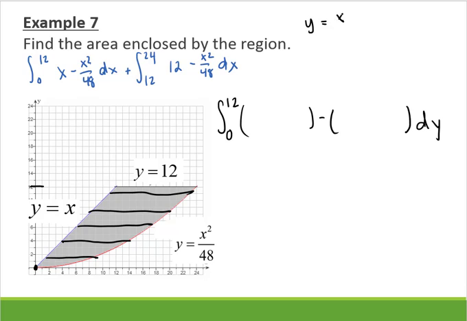I have this function in red just so that you guys realize what I'm doing there. And then we have this function here. Well, that function in terms of y is just y.